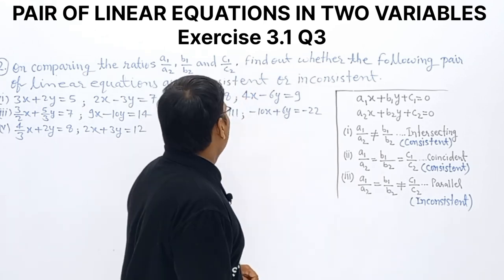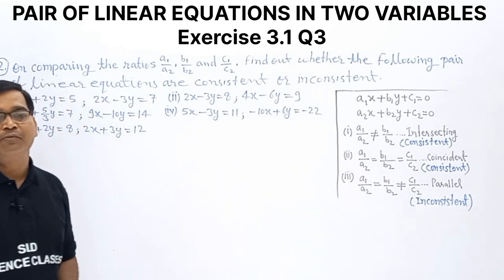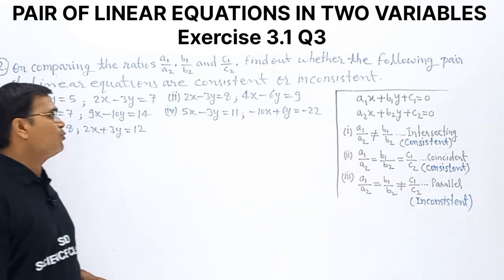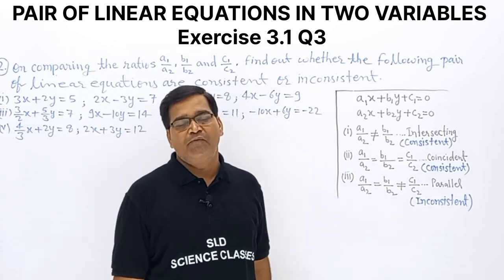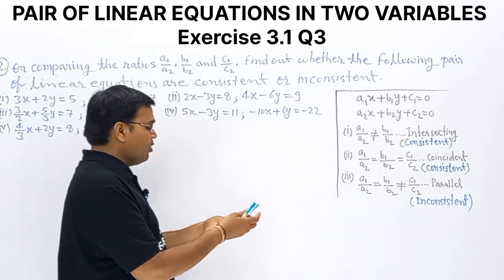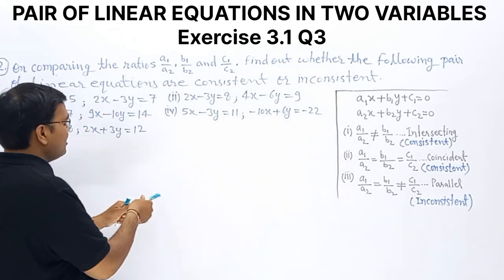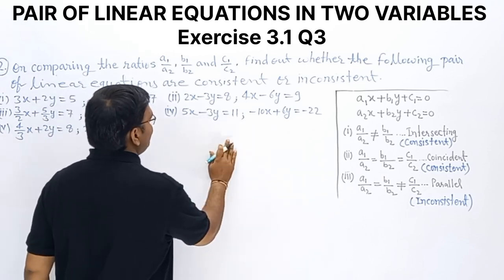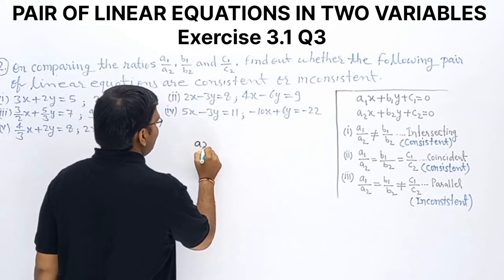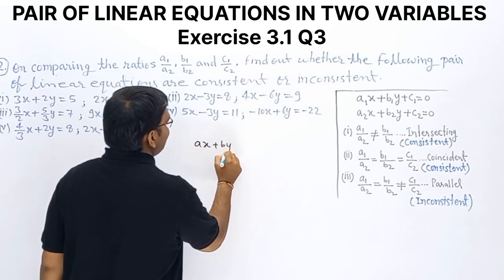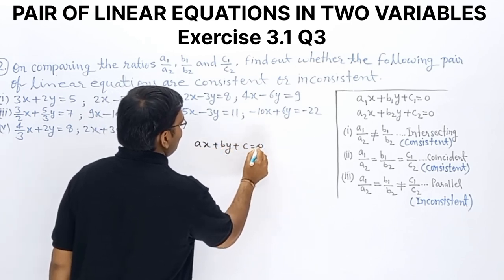Clear? So, the general form of a linear equation of two variables is ax plus by plus c equal to 0.